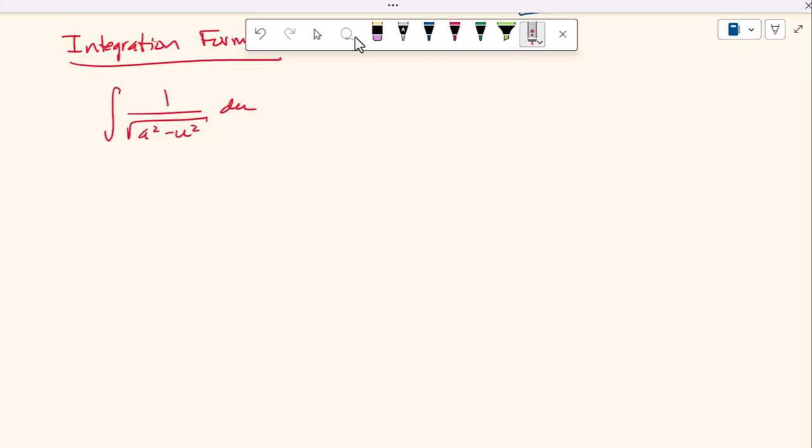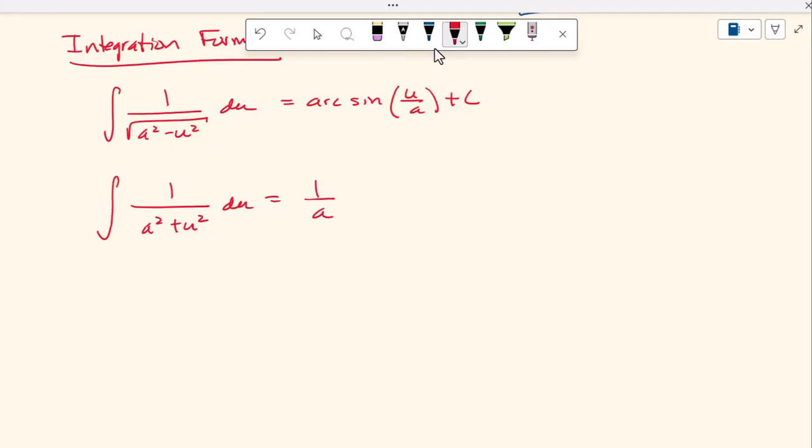So if I have something that's of this form, this matches the inverse sine or the arc sine. So the integral here, if it matches this form, would be equal to arc sine of u over a plus c. If I had something of the form 1 over a squared plus u squared du, that's going to be 1 over a arctan of u over a plus c. Now we don't do one for arc cosine because the only difference would be if I had a negative here.